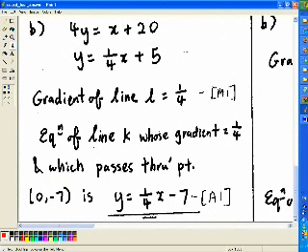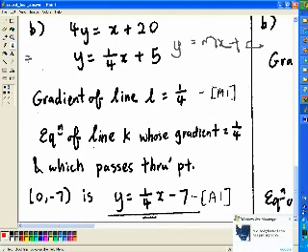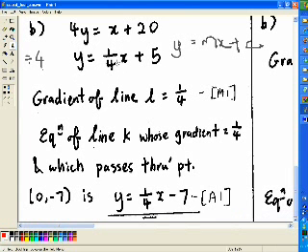As mentioned just now, you need to always express your line in the form of y equals mx plus c. And that is why from this step to this step, we divide by 4. To get y, we need to divide by 4. So when we divide by 4 on the left hand side, we divide by 4 on the right hand side. So x becomes 1/4.